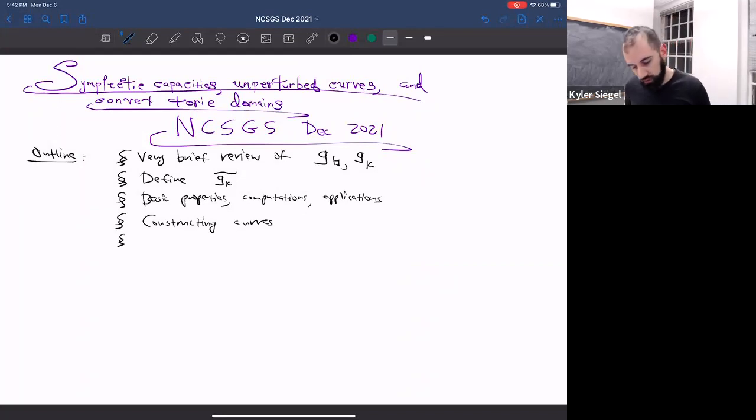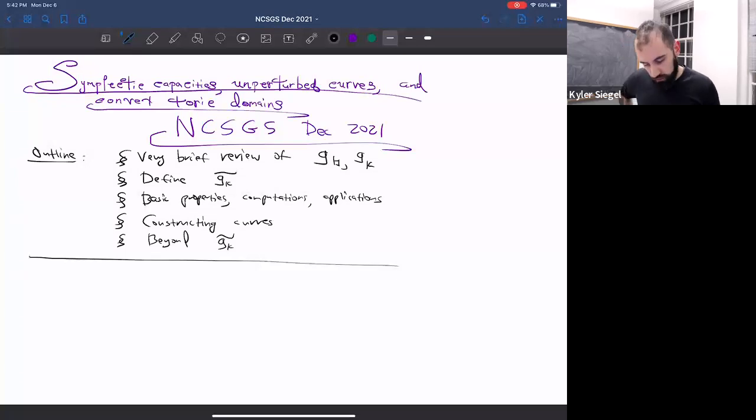And okay, finally, if there's any time, I'll try to make a few remarks about what lies beyond GK tilde. So what ways you might extend this approach, or what other tools you would need to give stronger applications.